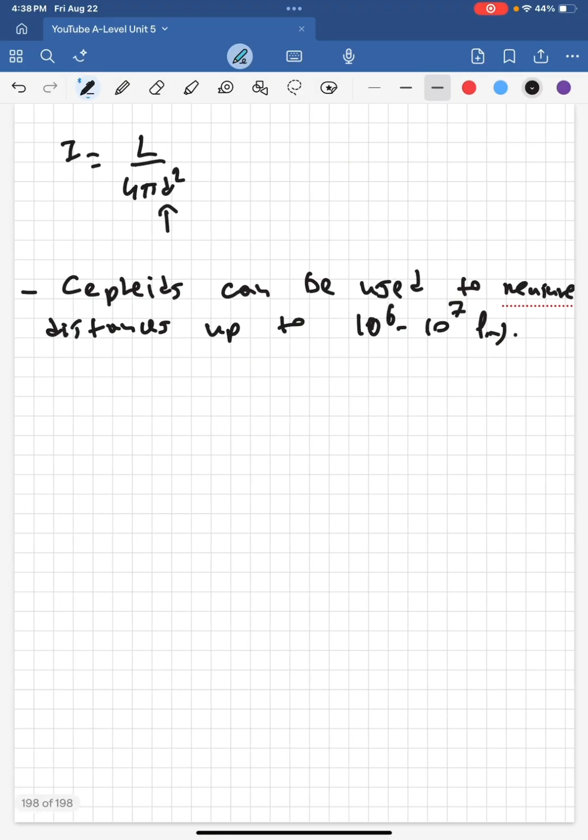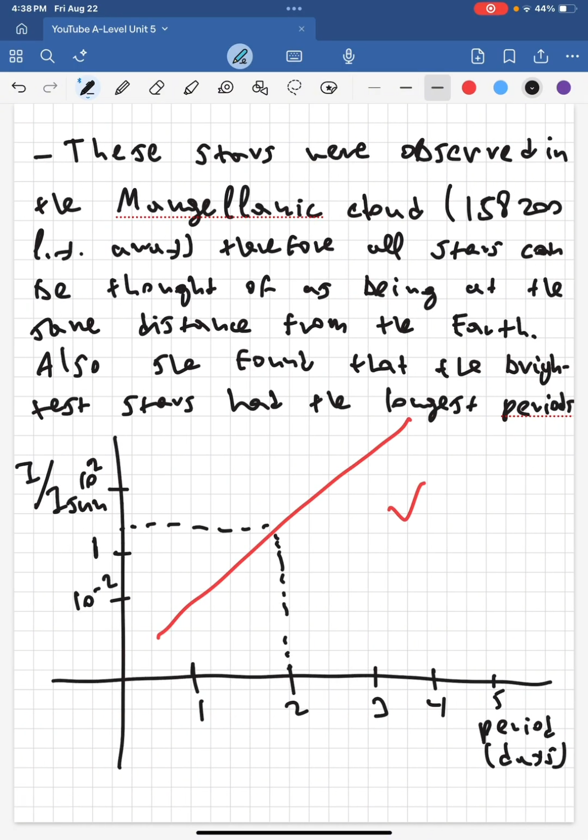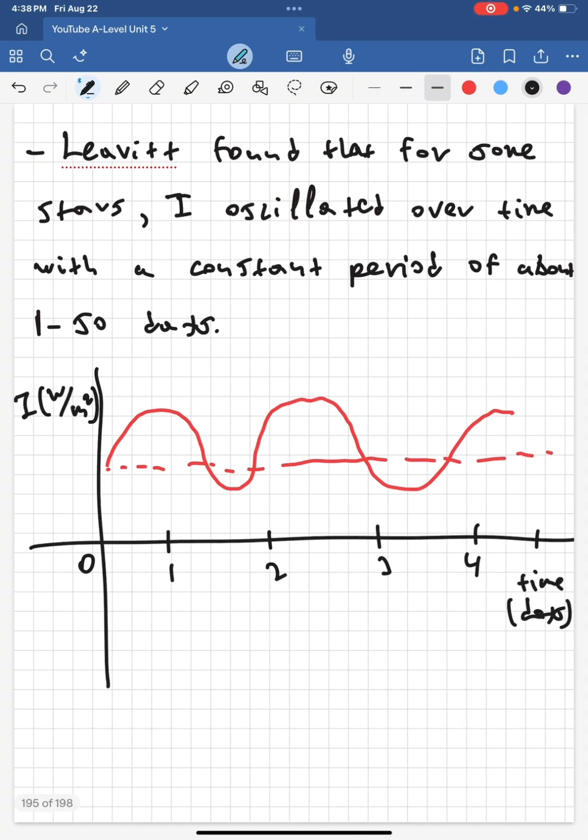Let me summarize again, because I feel like I kind of lost you a little bit. So let's start with this observation. Leavitt figured out that there are stars for which the intensity of radiation received from the stars varies with time, with constant period. That's a key.